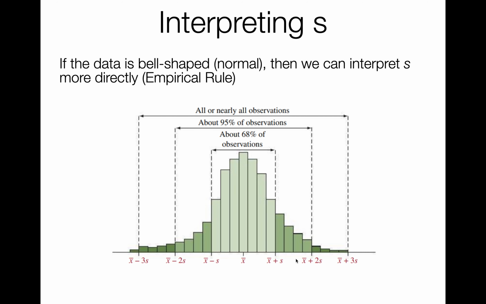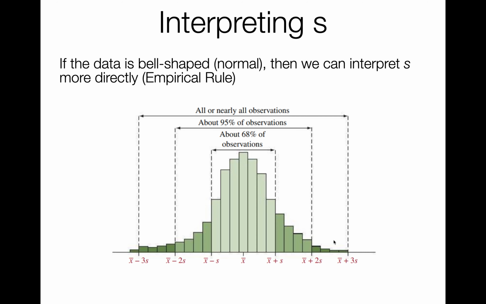That is the definition we're going with right now, or that we can understand all the time. But in this special case, when the data are bell-shaped, we can say something more, and what we can say is described in something called the empirical rule.